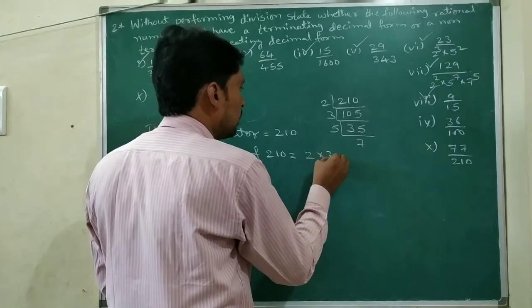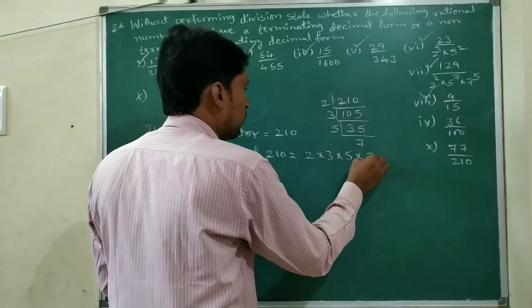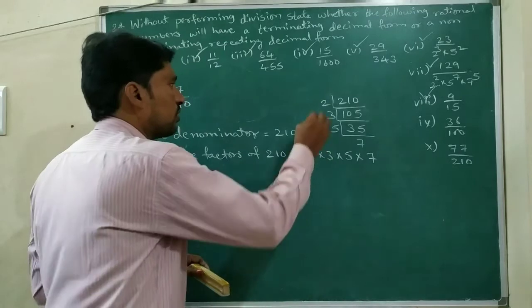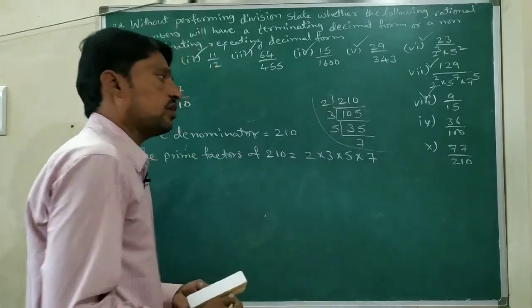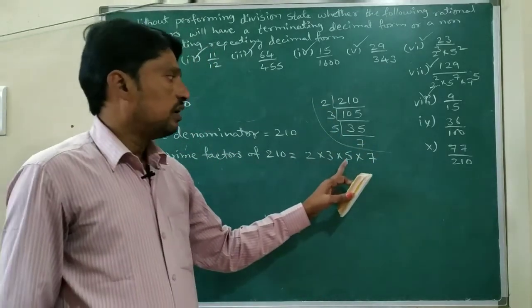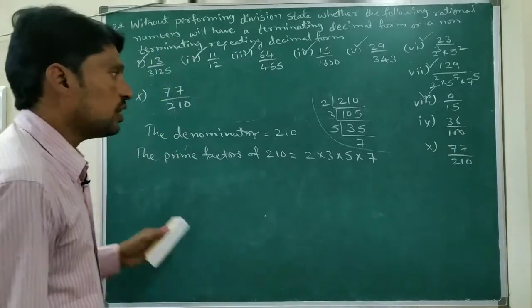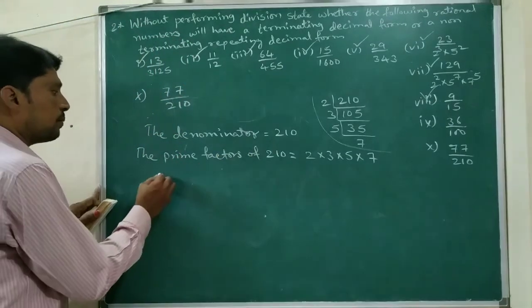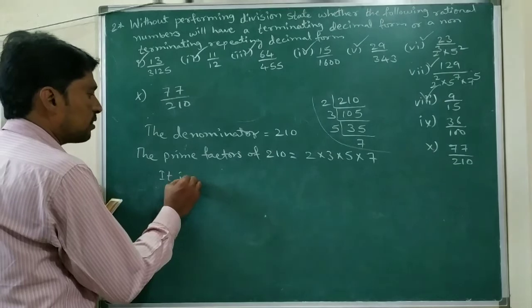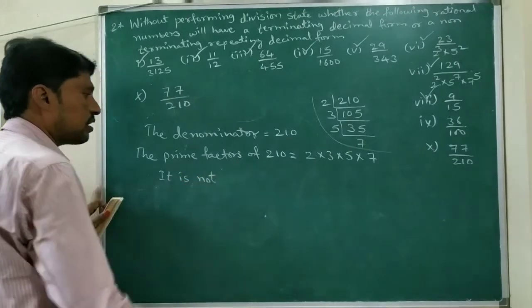Means 2 into 3 into 5 into 7. So here we got 4 factors, that is 2, 3, 5, 7.